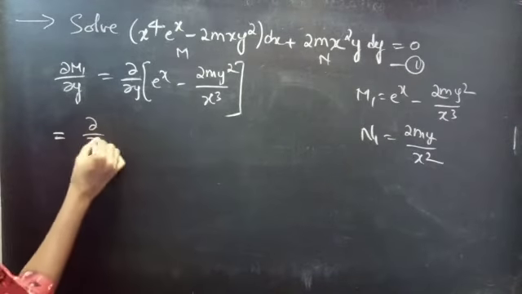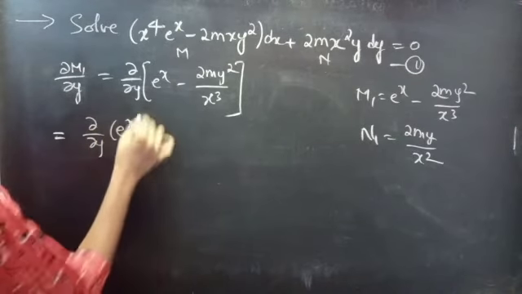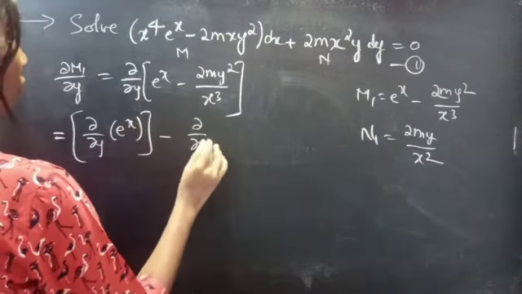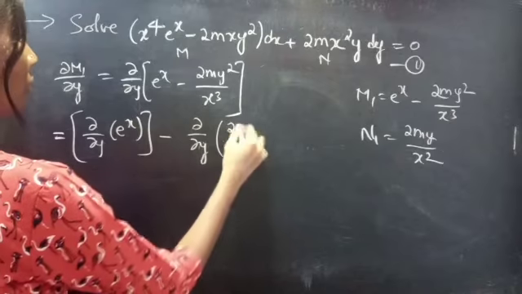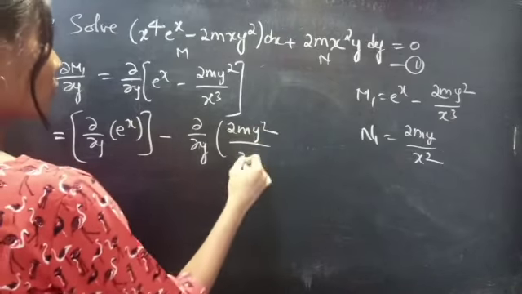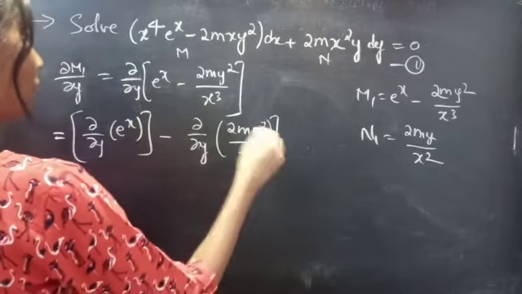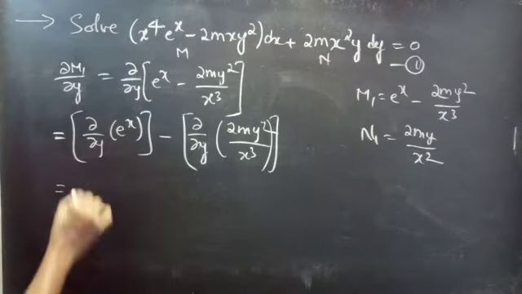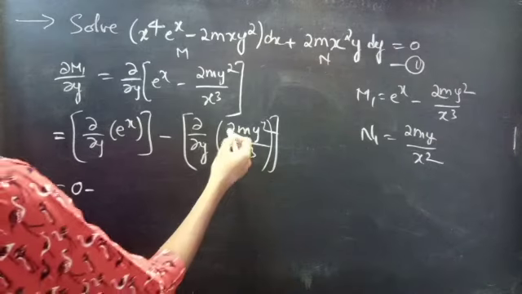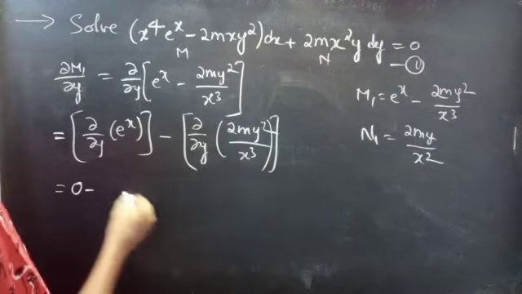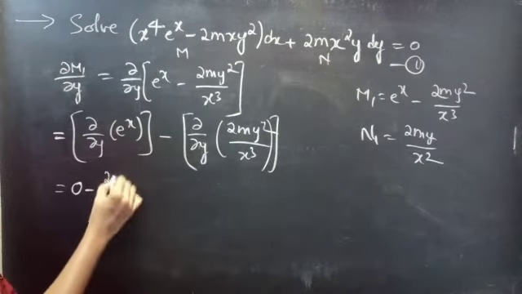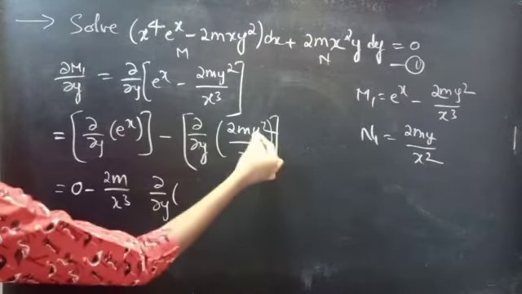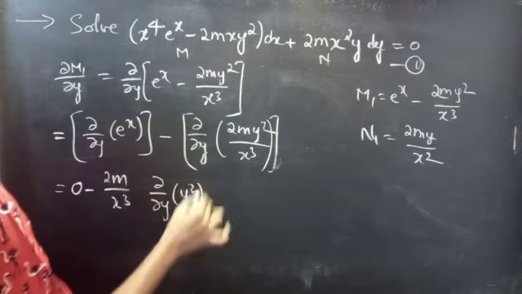This equals the partial derivative of the first term with respect to y minus the partial derivative of the second term with respect to y, which is 0 minus, here 2m by x cube is constant, so you can write this as constant into the partial derivative of y square with respect to y.